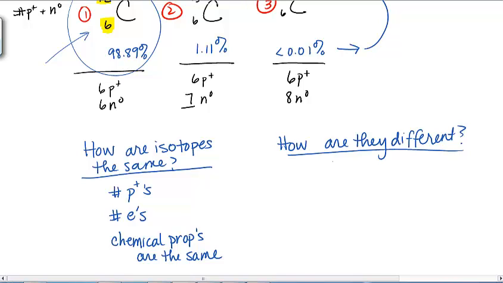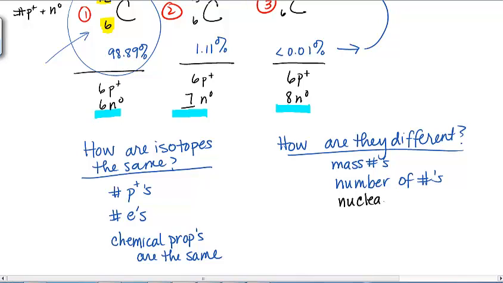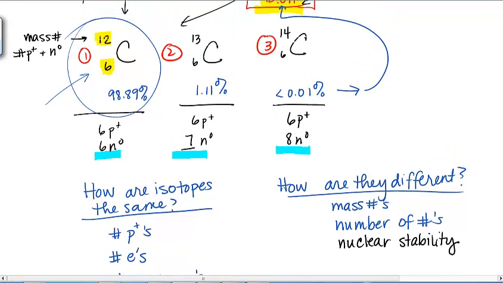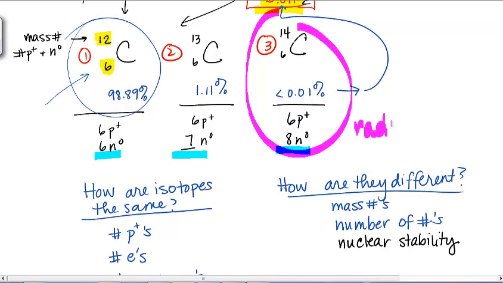But it certainly has some differences. For example, its mass numbers are different. We just showed that, which therefore means the number of neutrons are different. You can see that up above here. We've got 6 and 7 and 8 neutrons. So those are different. And something else that's different about them is their nuclear stability. As I mentioned to you, carbon-14 here is radioactive.